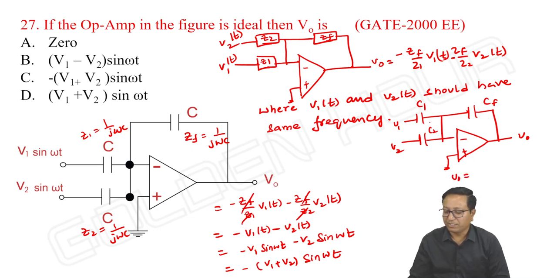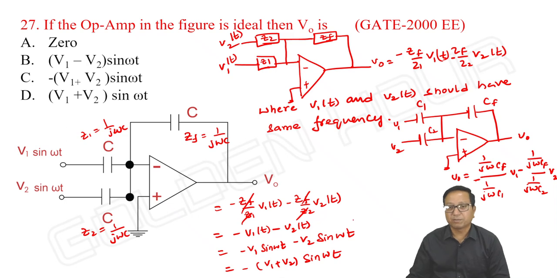ZF by Z1, that is 1 by j omega CF by 1 by j omega C1 into V1, minus 1 by j omega CF by 1 by j omega C2 into V2. The 1 by j omega terms cancel. It is minus C1 by CF into V1 minus C2 by CF into V2.